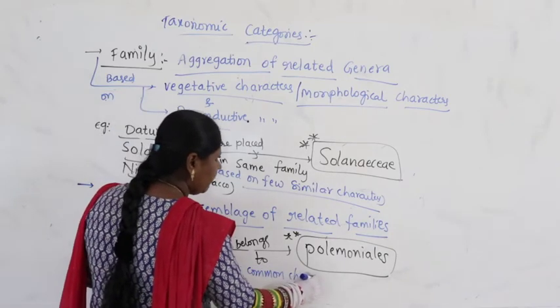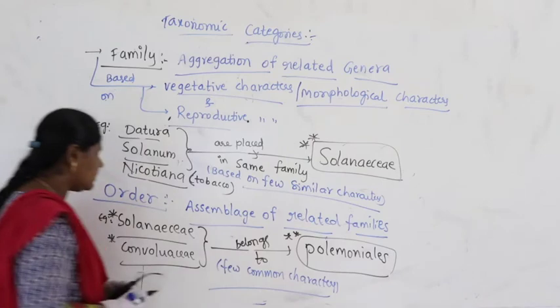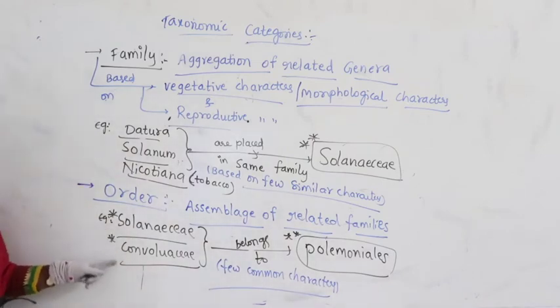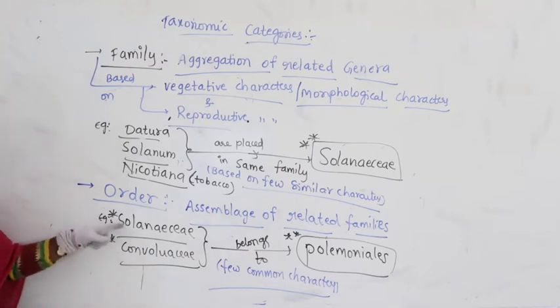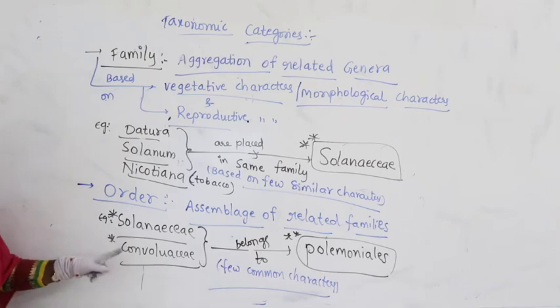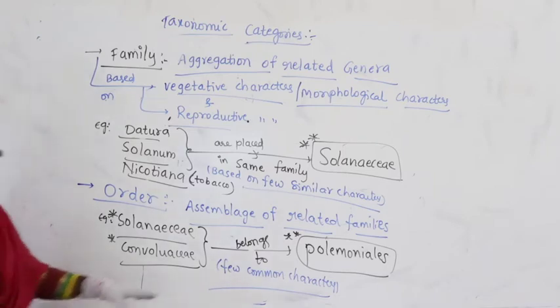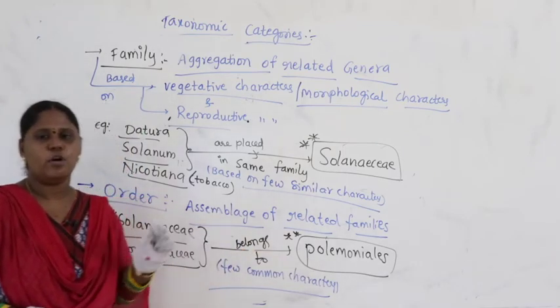In Solanaceae the stem will be hairy, and Convolvulaceae's total plant appearance is different, but there are a few similar characters, some 5 or 6 common characters. Even though the two families are totally different, because of these few common characters both of them are placed in the same order called Polemoniales.